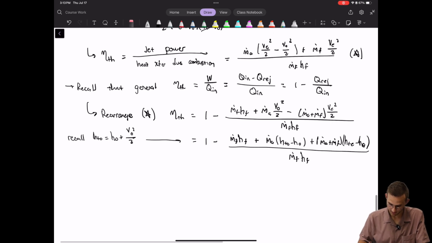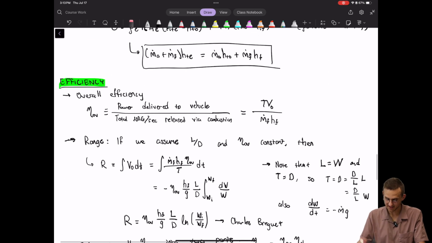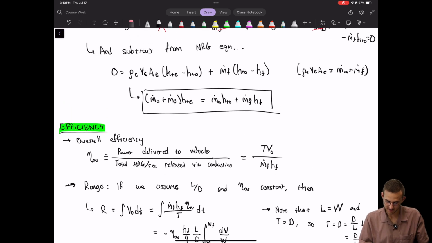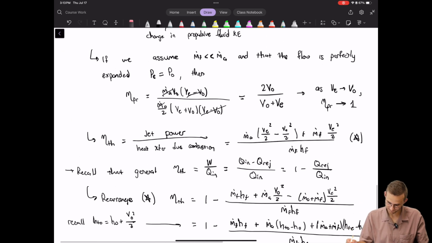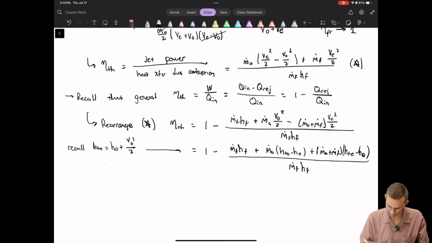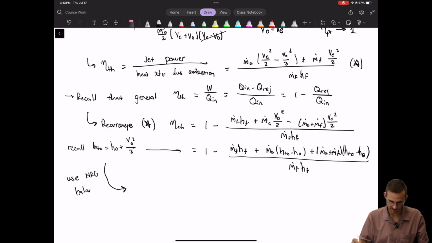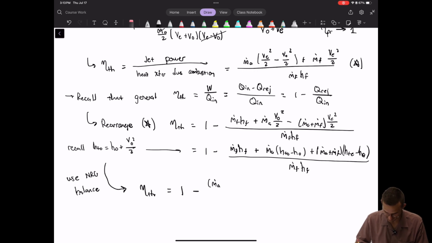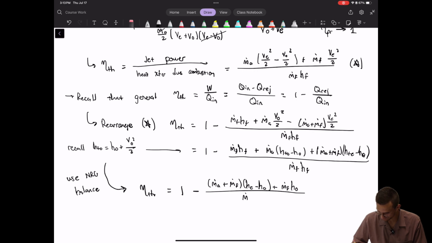Okay, we're getting there. Then we use that energy balance that we evaluated. I said we needed this to develop an efficiency metric, right? If we use that energy balance, we end up with the following: eta th is 1 minus [the quantity m dot a plus m dot f times he minus h naught, plus m dot f h naught] divided by m dot f hf.